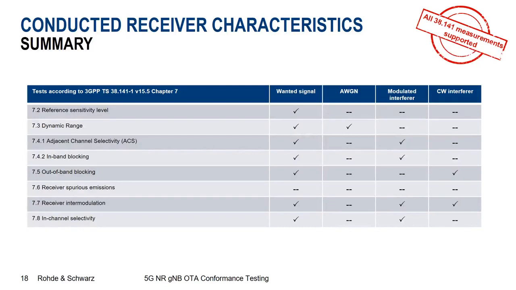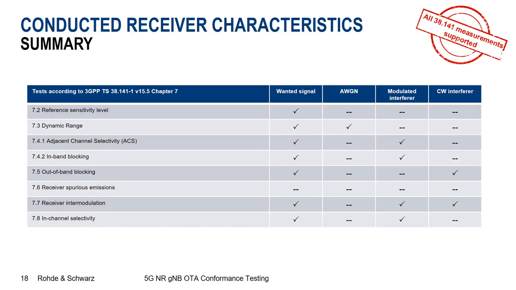And this table shows a summary of all chapter 7 test cases, from 7.2 receiver sensitivity level to 7.8 in-channel selectivity.